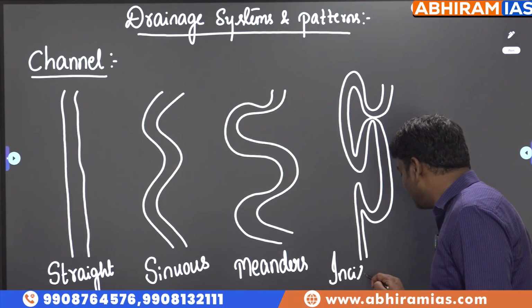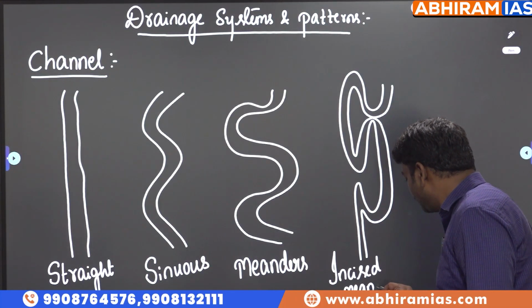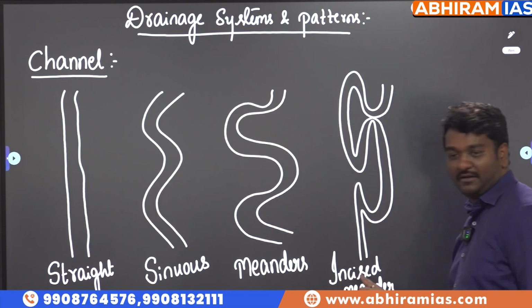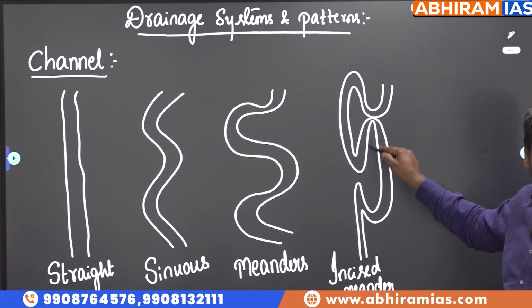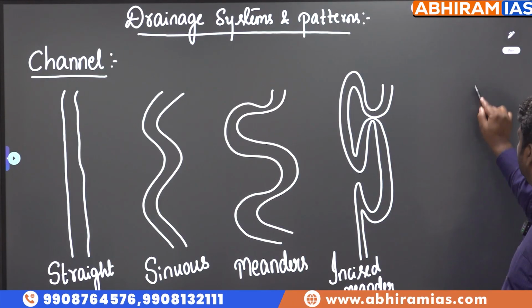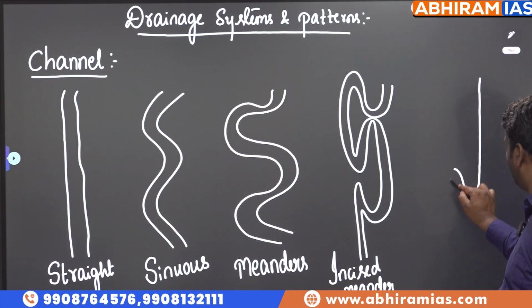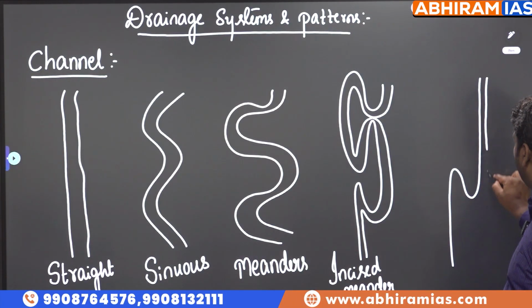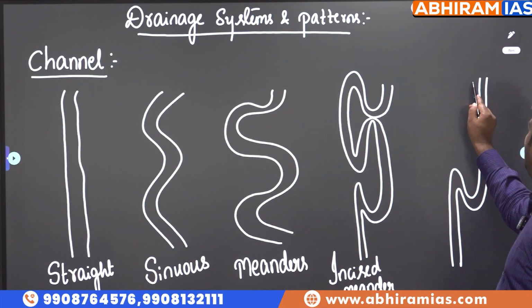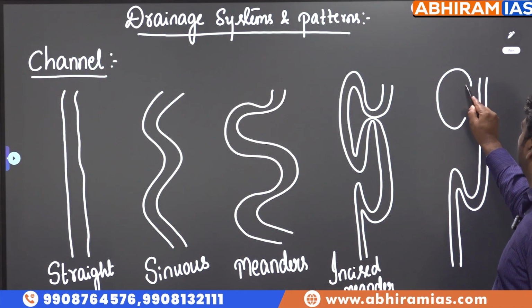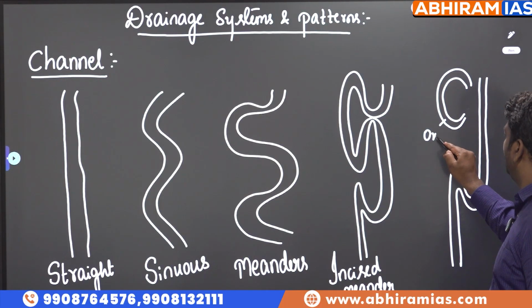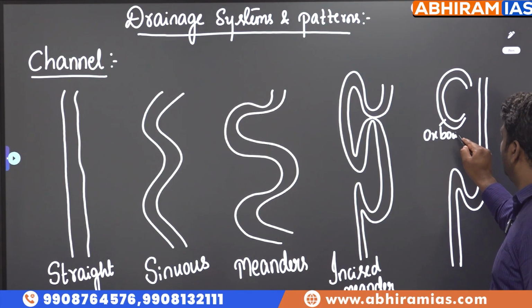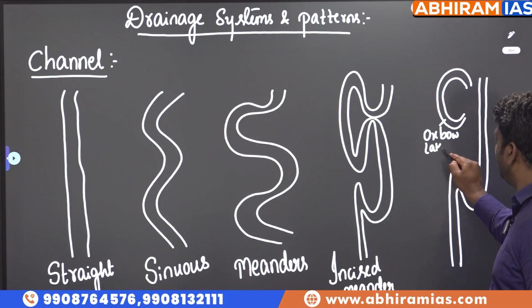It is an incised meander. And sometimes, you see, this and this will join. Over a period of time, these two will join. This part will be left. This is called an oxbow lake.